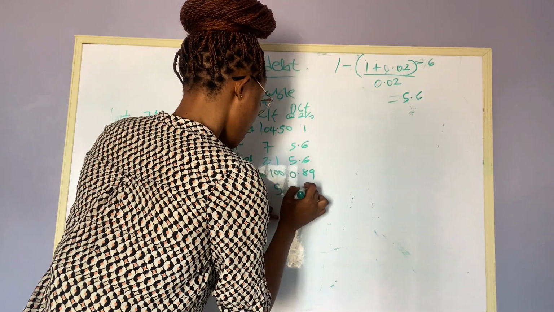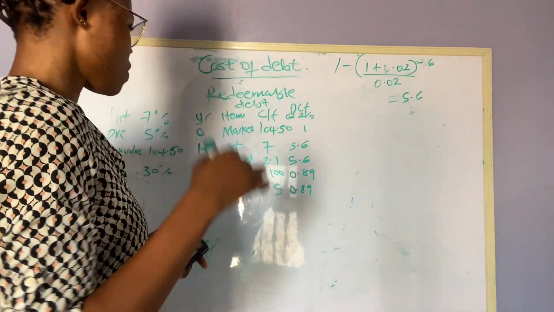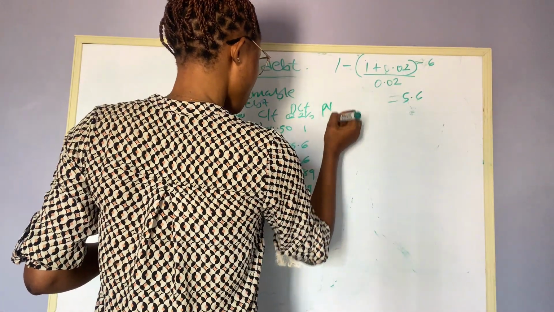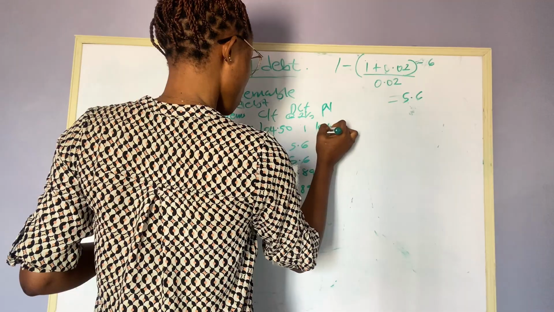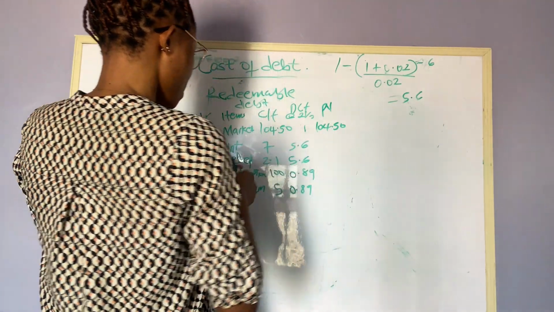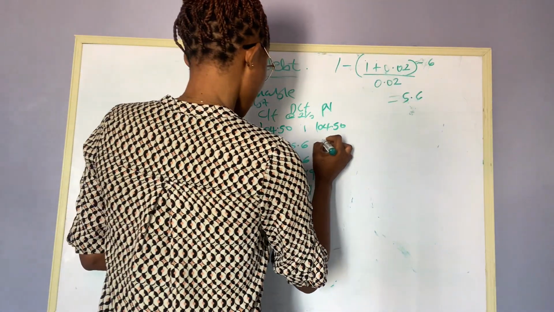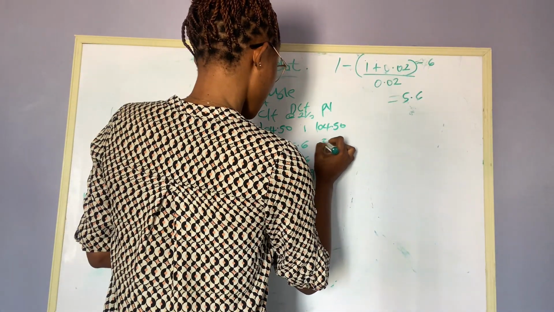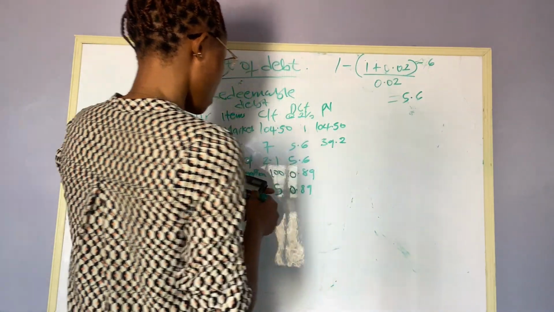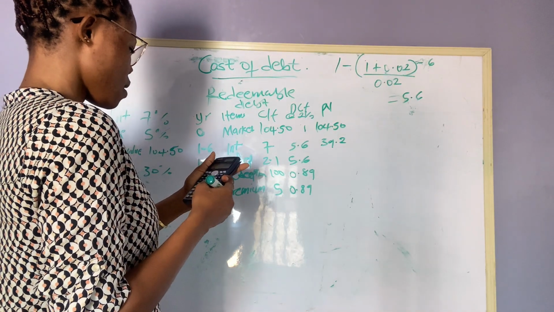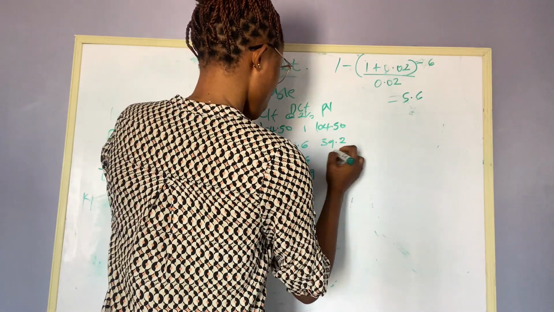That's 0.89, right? So now our PV, present value, is going to be 104.50. 7 times 5.6, 39.2. Then 2.1 times 5.6, we have, let's say 12, we approximate.